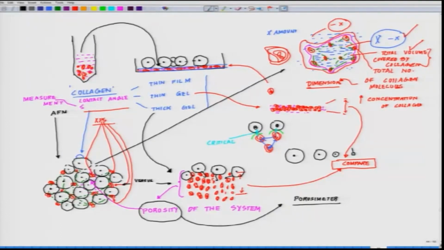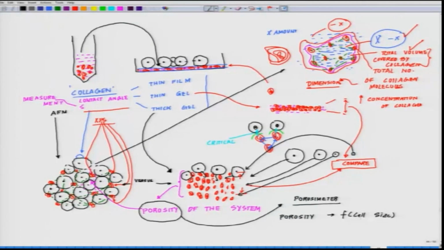So, depending on the size of the cell, what porosity you are going to use will be a function of cell size. Okay. So, porosity is a function of your cell size.